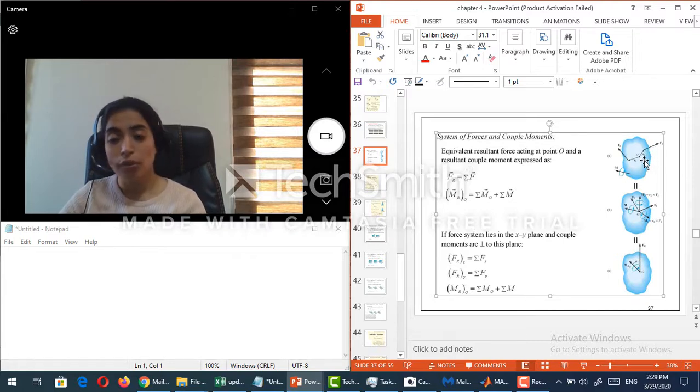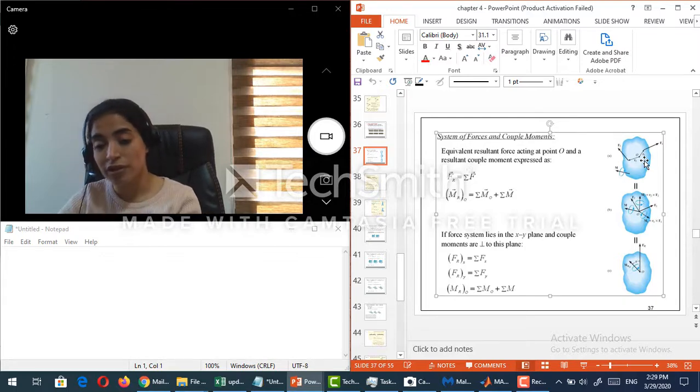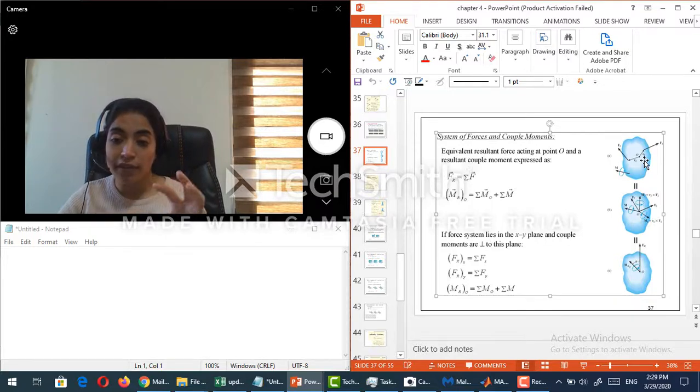So my objective here is to simplify this force system into, let's say, a compact force system composed of a force with a moment or of a force alone, so that the effect of this compact or simplified force system is the same as this one.